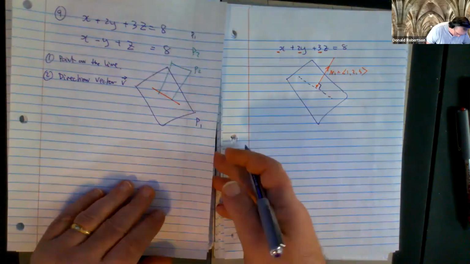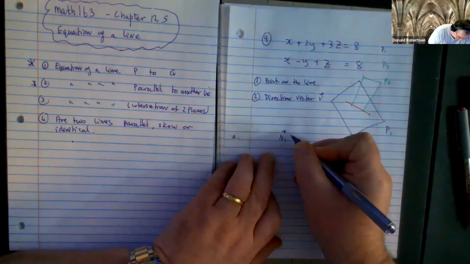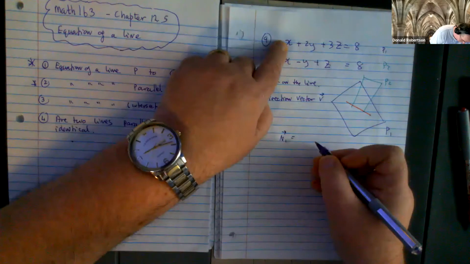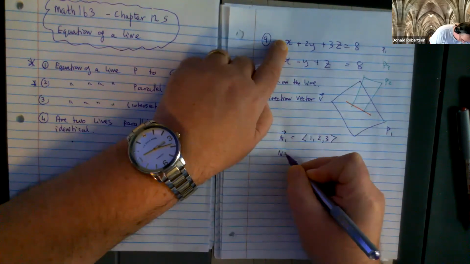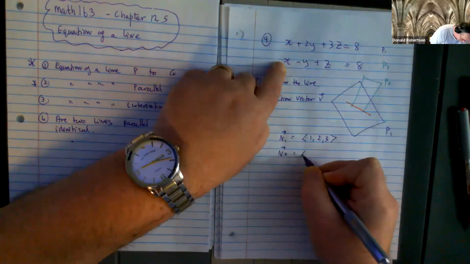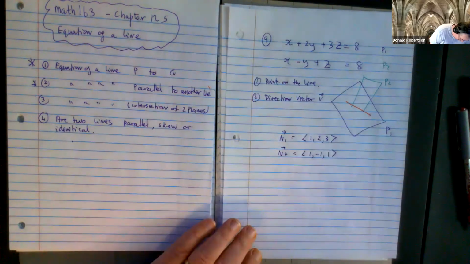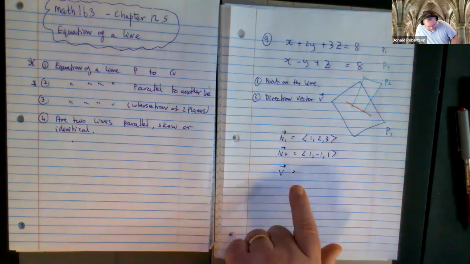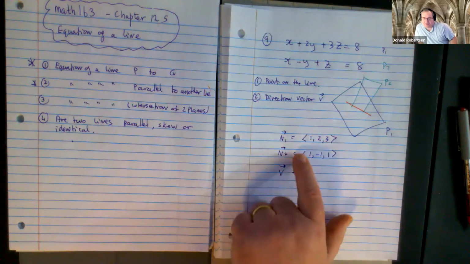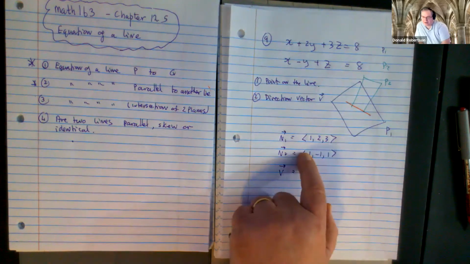So how's that going to help me? Well, the first plane has a normal 1, 2, 3. The second plane has a normal 1, -1, 1. I want a vector perpendicular to this one and perpendicular to this one.